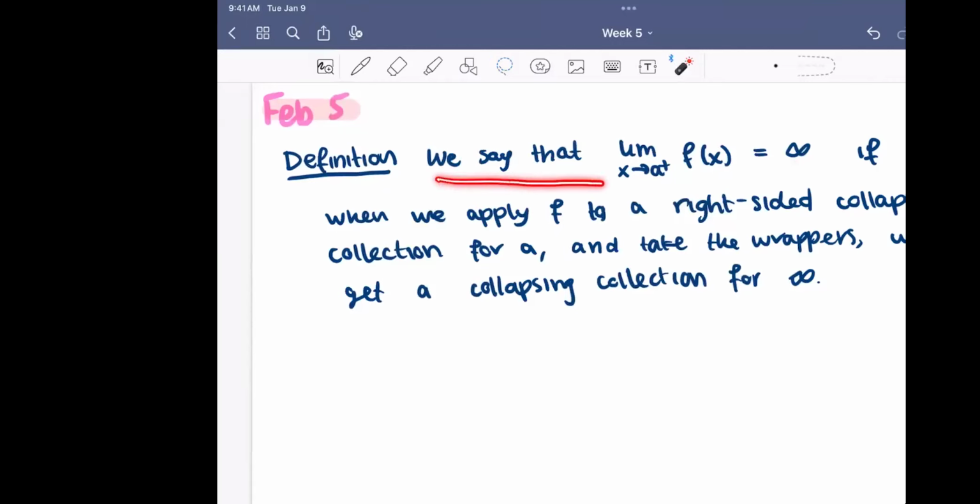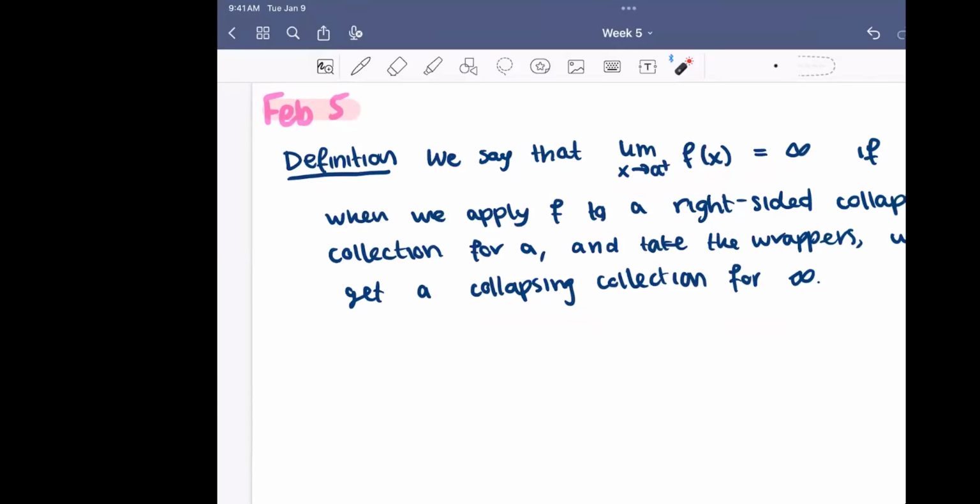We say that the limit as x approaches a from the right of f of x is infinity if we start with a right-sided collapsing collection for a, because we're approaching a from the right, feed that into f and take the wrappers, and then we get a collapsing collection for infinity.